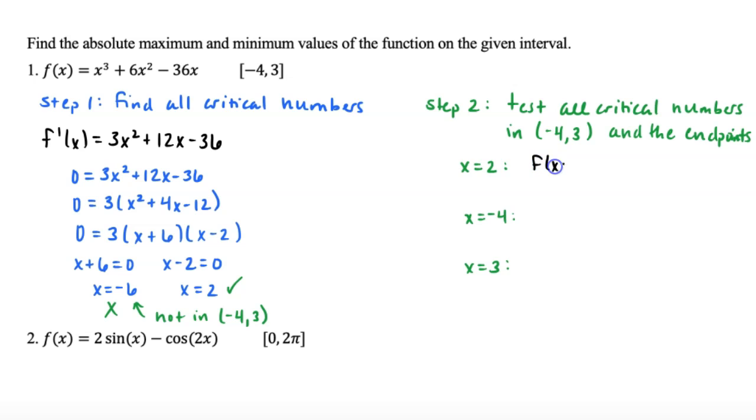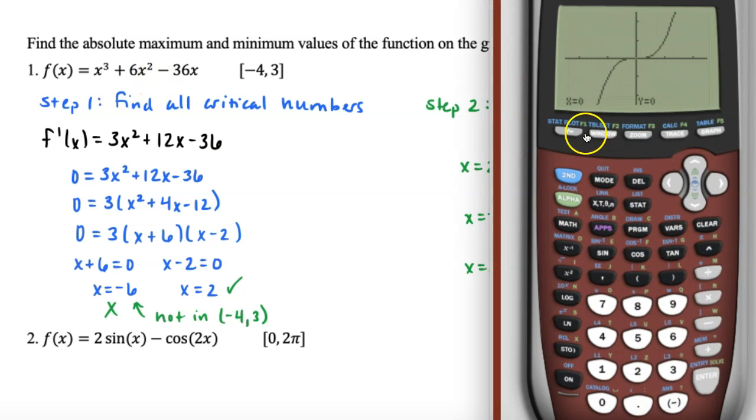And so f of x, when I plug in 2, this is going to give me 2 cubed plus 6 times 2 squared minus 36 times 2. And now don't be afraid to do this in your calculator. So I can put in my y equals, this is probably the quickest way to go about it, x cubed plus 6x squared minus 36x.